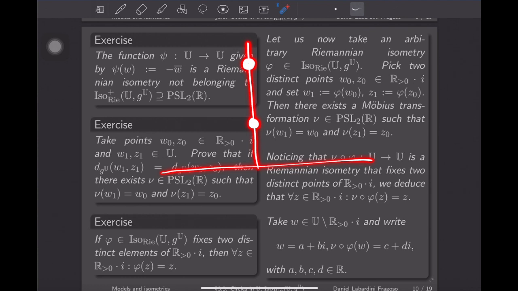Then what I can deduce automatically, because of this exercise, is that it fixes every other point. So this point is also fixed, this etc. But for the positive part of the real axis, I cannot guarantee it for the whole U, because it could be a reflection, so that this is sent to this, for instance. But I can deduce it at least for the positive part of the imaginary axis.